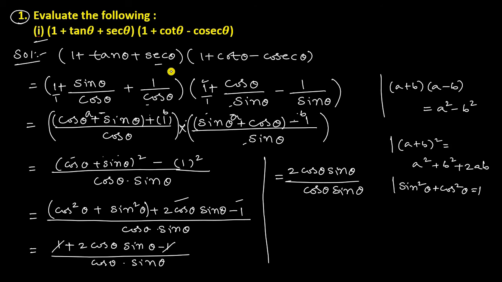So in numerator cos theta sin theta, denominator cos theta sin theta gets cancelled. So what is remaining? Only 2. So 2 is the solution of the given expression 1 plus tan theta plus secant theta into 1 plus cot theta minus cosecant theta. So this is how you solve this type of problems.